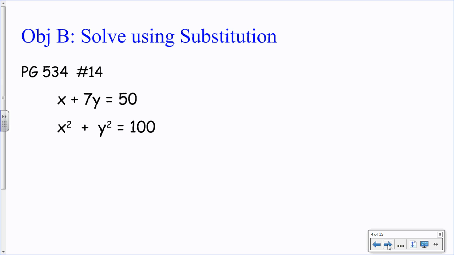Alright, so let's practice solving, and we'll first start by solving with substitution. Which equation would I want to use to substitute, the top or the bottom? The top, because I can get a variable by itself easier on the top. What is not true, let me just show you real quick.